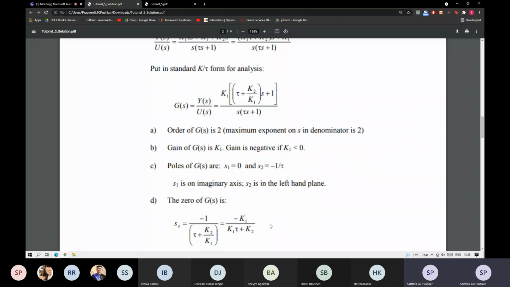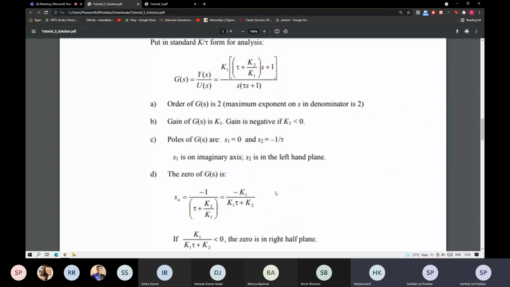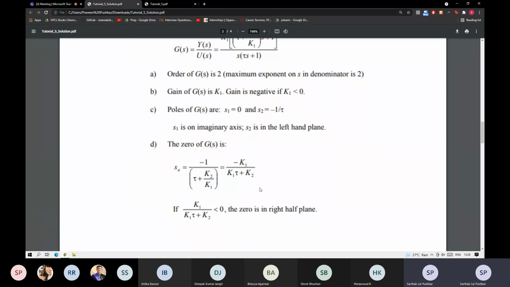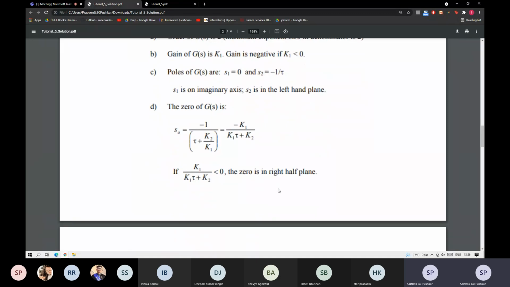The next part is what are the zeros. The zero will be the numerator part being equal to 0. So we get s equal to this value, and if this is negative, then the zero will be in the right half plane.